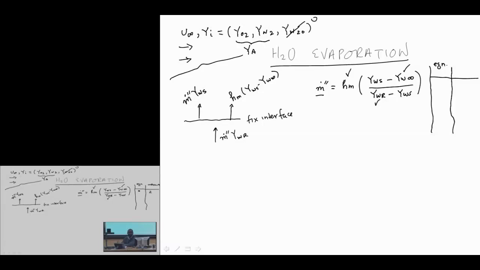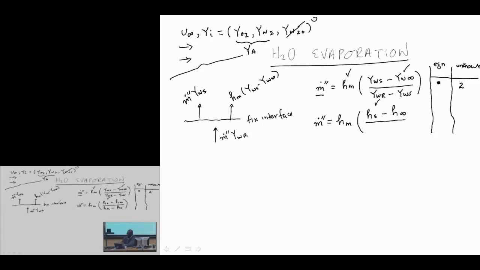We need another conservation equation and another conserved scalar equation. So if we take, for example, the enthalpy as our next conserved scalar, then we'd say it's the enthalpy at the surface minus the enthalpy at infinity divided by the enthalpy in the reservoir minus the enthalpy at the surface.